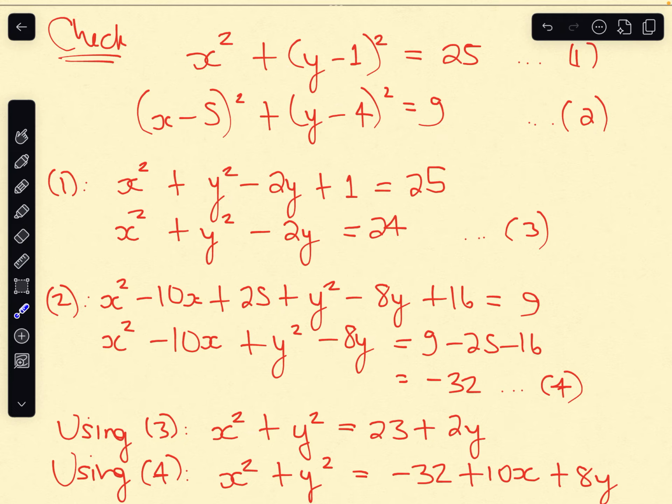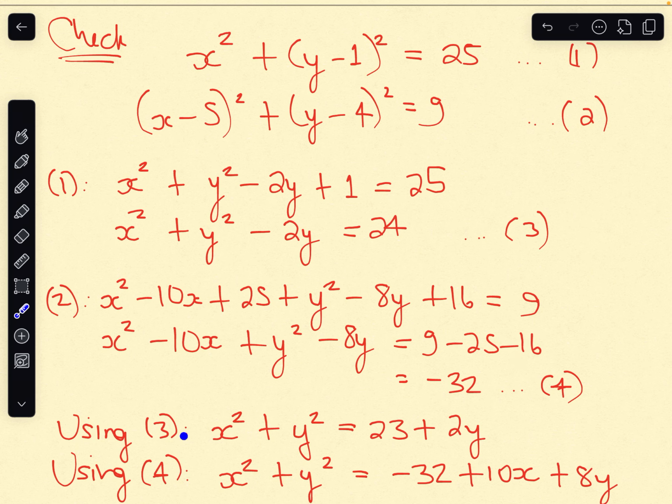Might as well just double check everything, because can I even trust myself at this point? So expanding both of these, that expansion I agree with. I'm not going to read it all out, and that one also makes sense, is equal to 9. And then we move our constants over, minus 25 minus 16. 9 minus 25 is minus 16, and minus another 16 is minus 32.